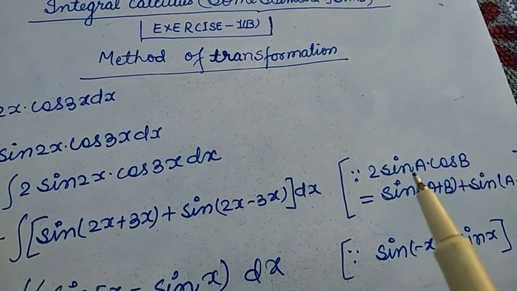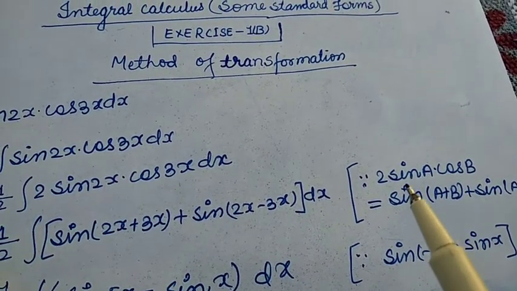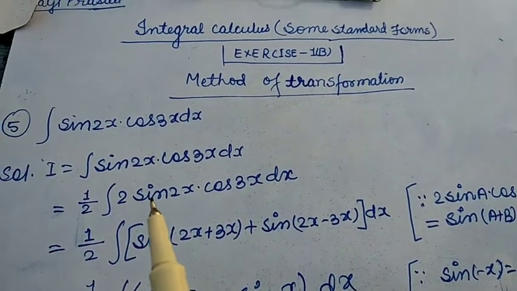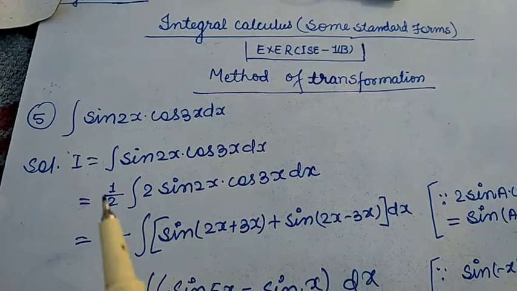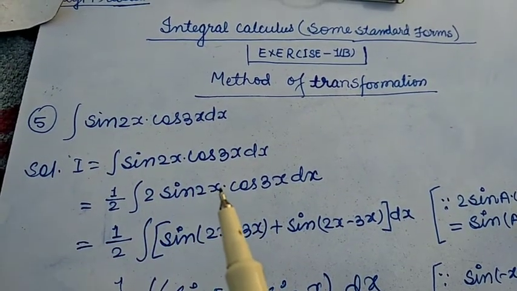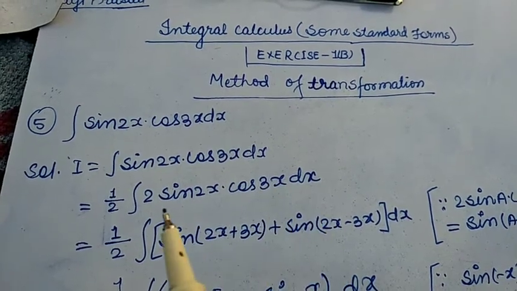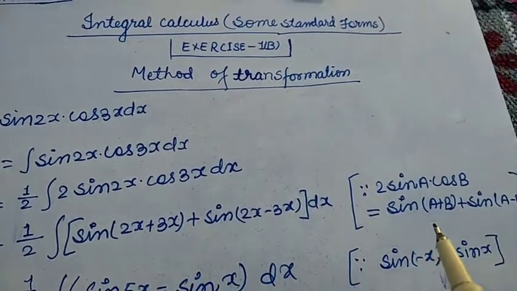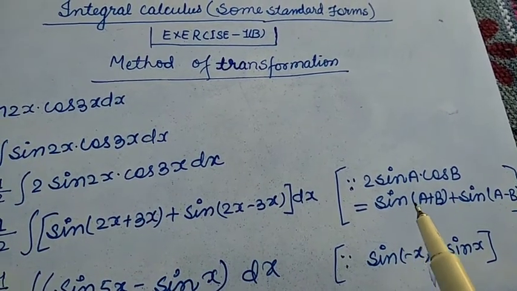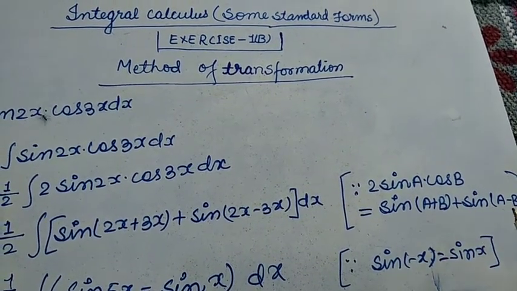For making it like this, we have to multiply and divide by 2 with this term. So it will be 1 upon 2 into integration of 2 sin 2x into cos 3x. In place of this, we can write the formula of 2 sin a cos b, which is sin(a plus b) plus sin(a minus b).